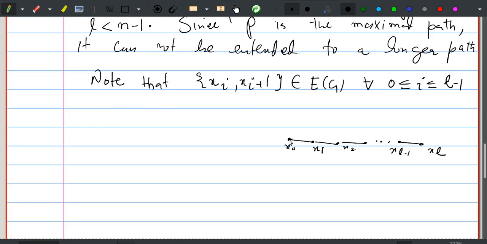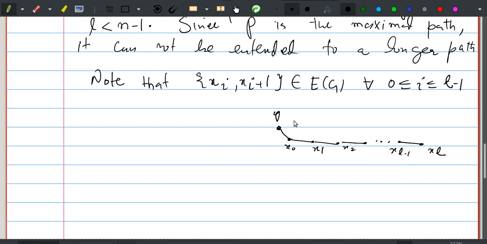One should note that all the neighbors of x0 must belong to this set x0, x1, x2 through xl minus 1, xl. Suppose x0 has a neighbor outside these xi's, say y.